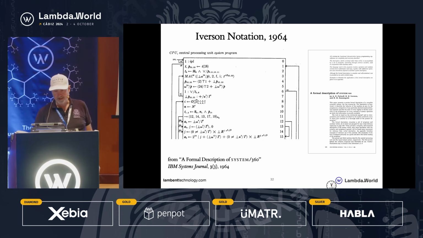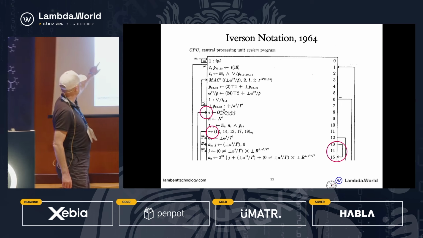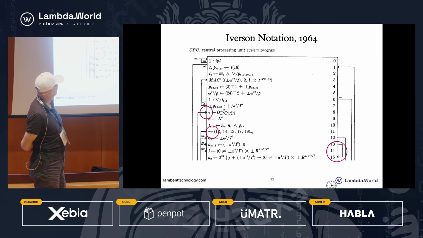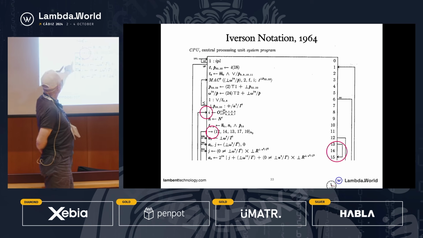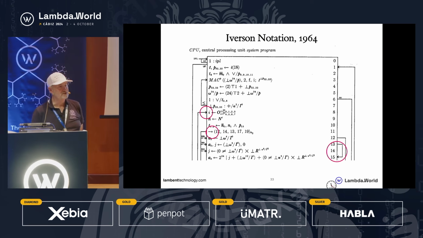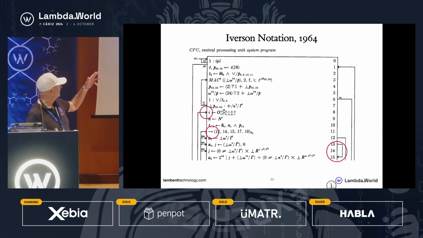If we take a slightly closer look at it, we can see we've got the branches here, simply arrows. We've got lines of the code are numbered, and we've got branches to particular numbers. But you can see in this, in the early 1960s, the beginnings of imperative programming.